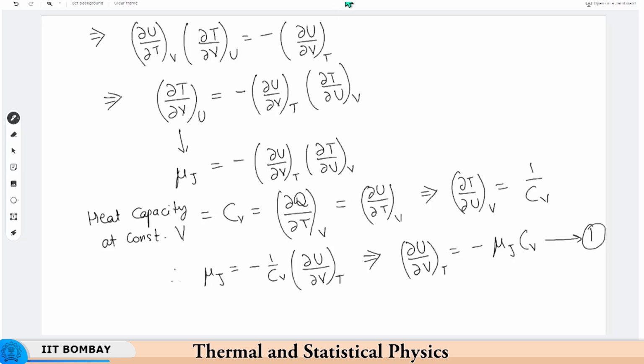So, now let us write the first law of thermodynamics. Essentially, the statement of the first law is that dU equals TdS minus PdV. And what we can do is take its derivative with respect to volume at constant temperature on both sides.